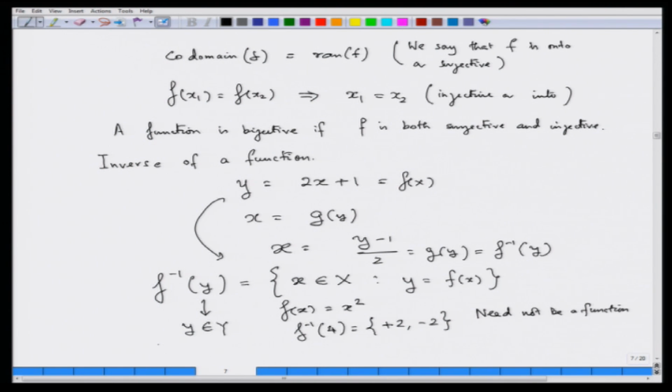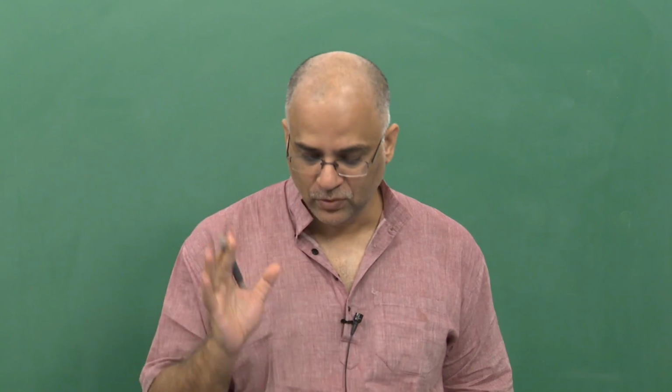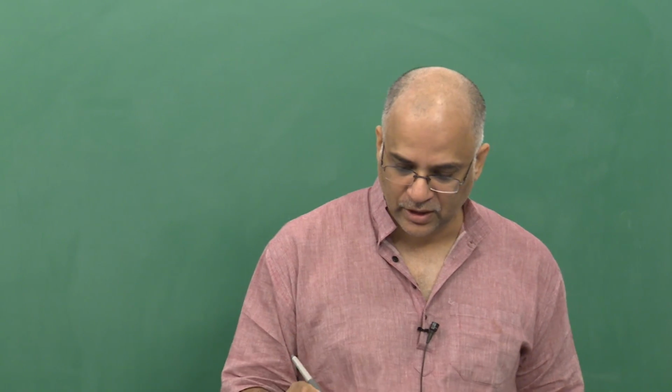So, f is invertible when f inverse is a function. When is f inverse a function? A very important result to remember is that a function is invertible if and only if it is bijective. This is absolutely fundamental to one's understanding.